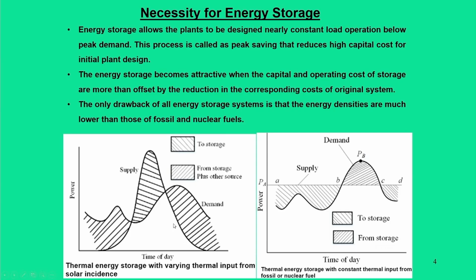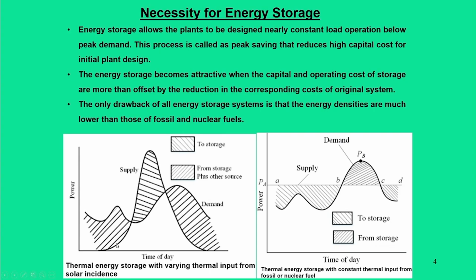This is a sample plot that shows why we require storage systems. The first plot talks about a case where power is available from solar incidence throughout the day. The supply is very specific, available mainly in the daytime, and the demand also varies in a natural way.